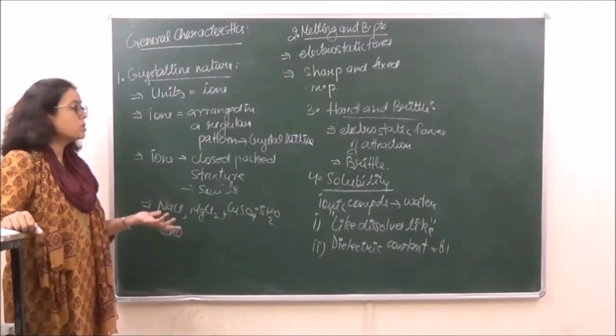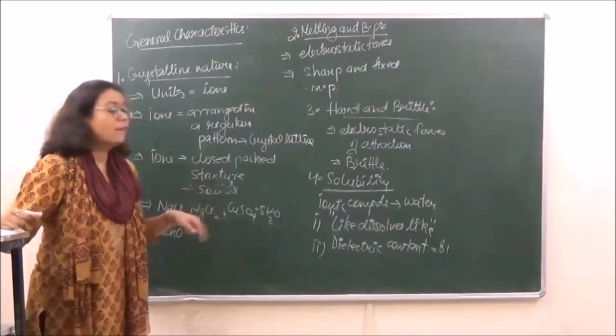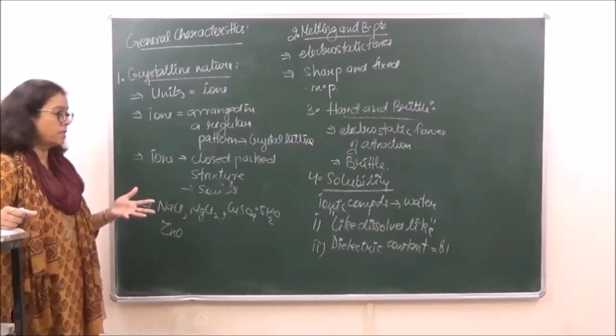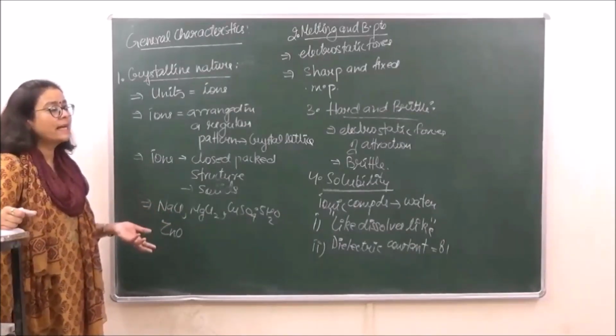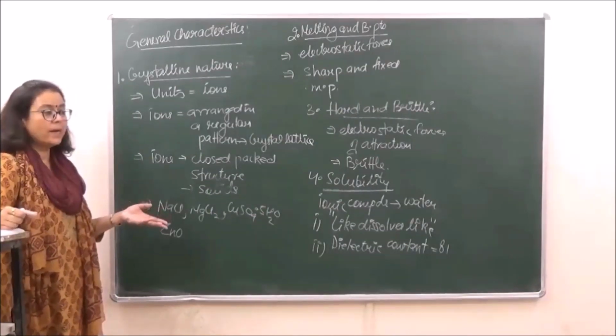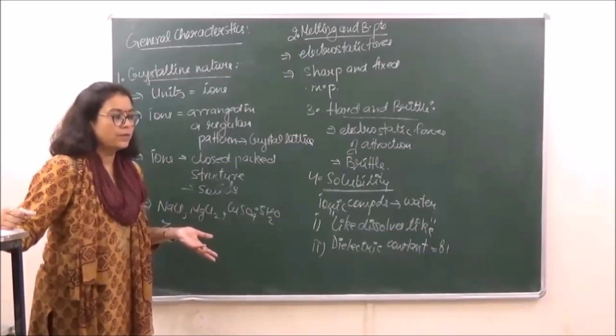Only those solvents which have a high dielectric constant can dissolve solutes. Water has the highest dielectric constant amongst all the solvents, which is 81, as a result of which it is said to be a universal solvent.